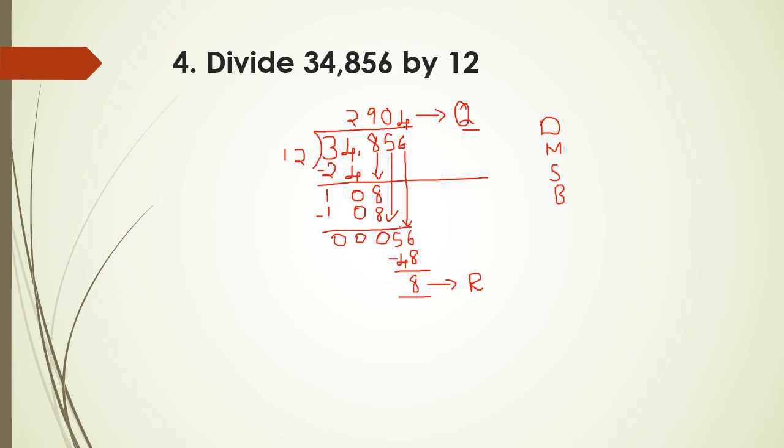You can't divide 0 by 12. So what you have to do? You have to take the next digit 5. So 5 divided by 12. You can't divide. So what you have to do? We need the next digit. So you have to put 0 in the quotient. Then only you have to take the next digit.